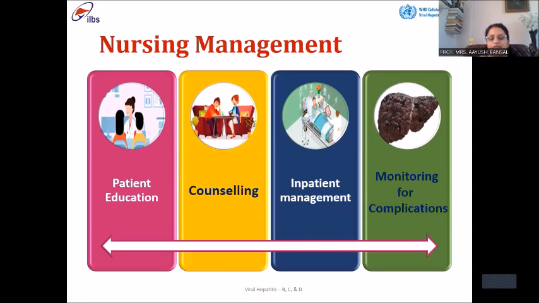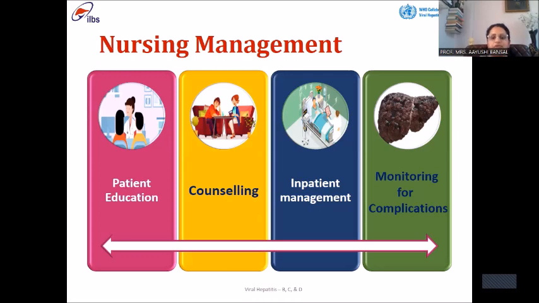We have to administer medications. We have to make them ready for complications of medicines as well. We have to reduce complications if any complication occurs, and there will be therapeutic compliance for the patient so that we can ensure he visits the hospital regularly.